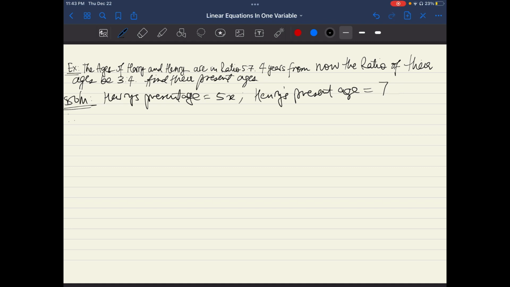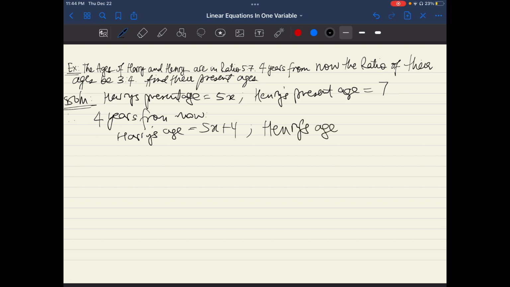Therefore, 4 years from now, so 4 years into the future, Harry's age will be 5x plus 4, and similarly, Henry's age will be 7x plus 4, correct?